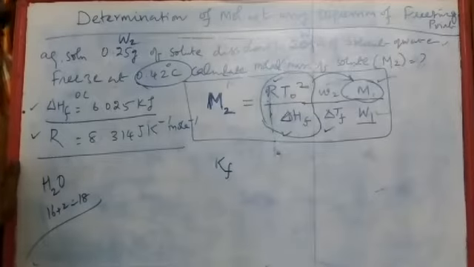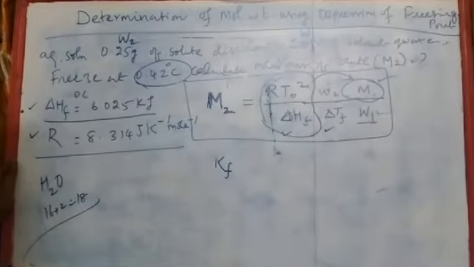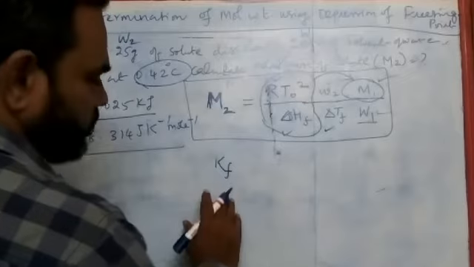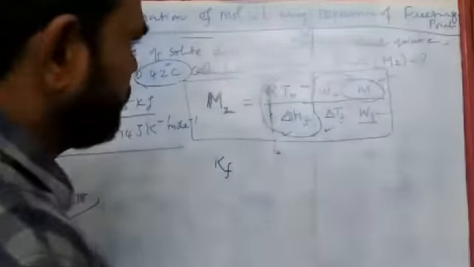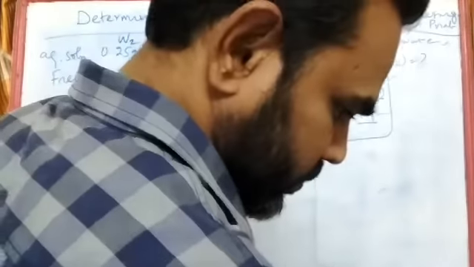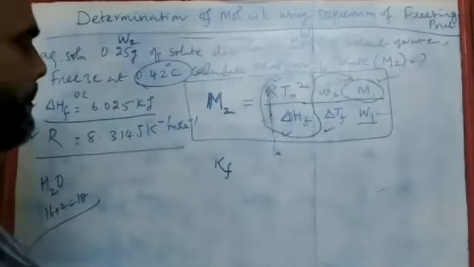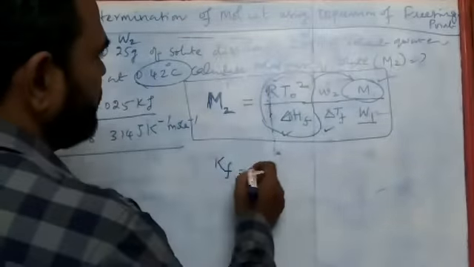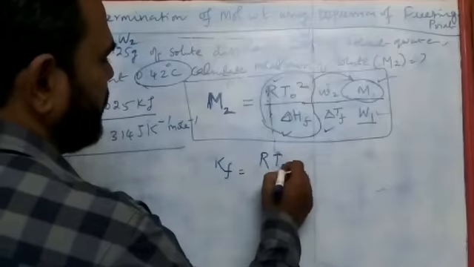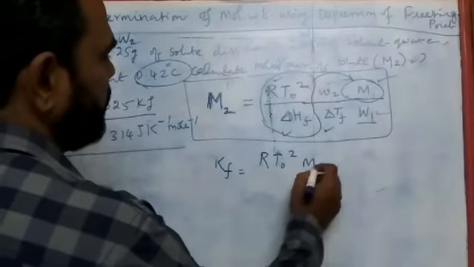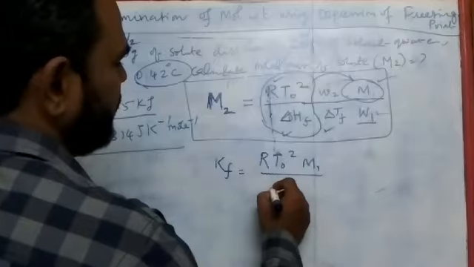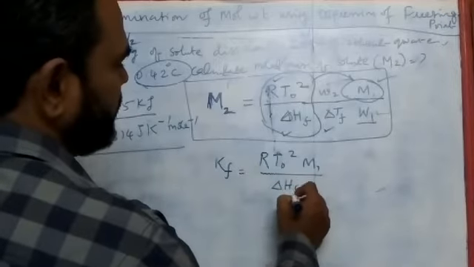Otherwise you can directly find this value. So Kf is R T0 squared into M1 whole divided by delta HF.